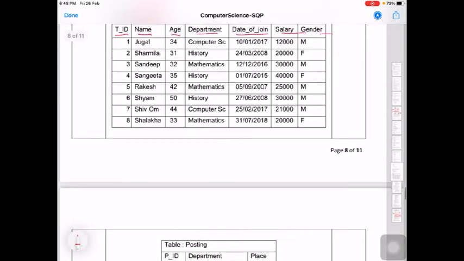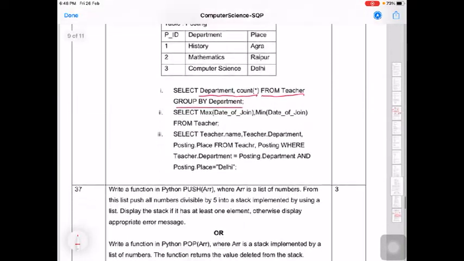So moving from the rightmost to the leftmost will help you reduce the number of rows. If there is a condition, it will be on the rightmost part. So depending upon the condition, you can minimize the number of rows. So here group by department is there. Then you have only the teacher table to select, and then only 2 columns. These are department and count.